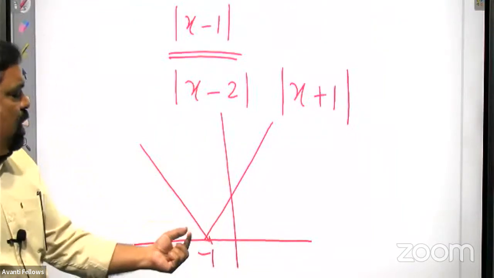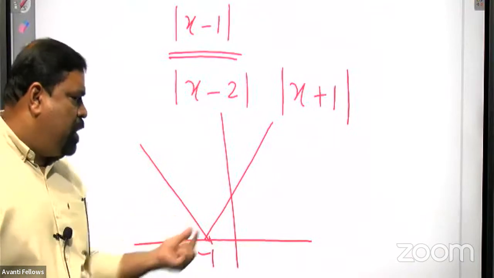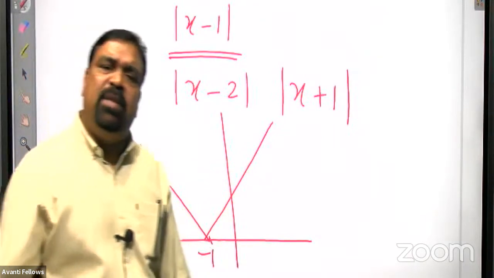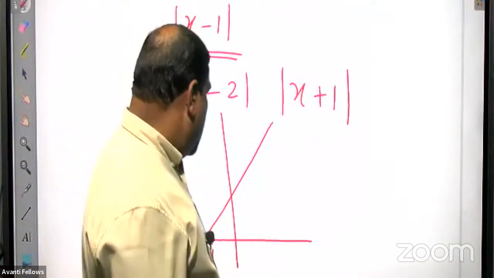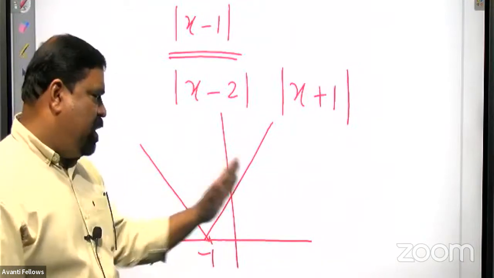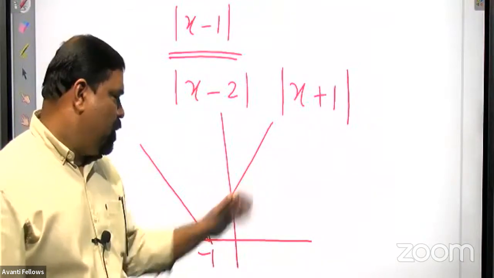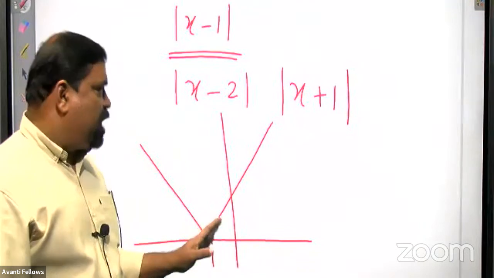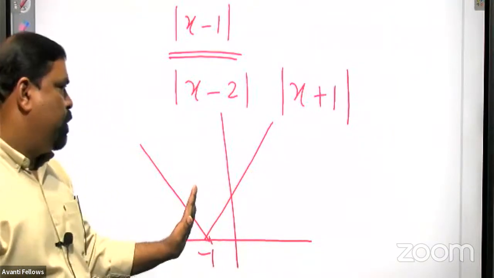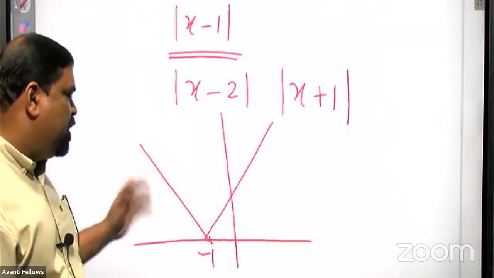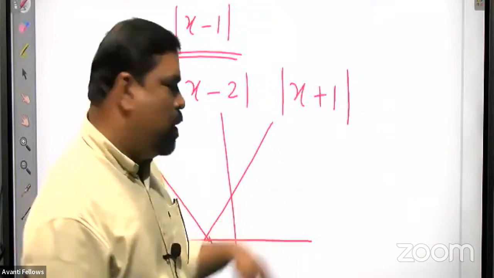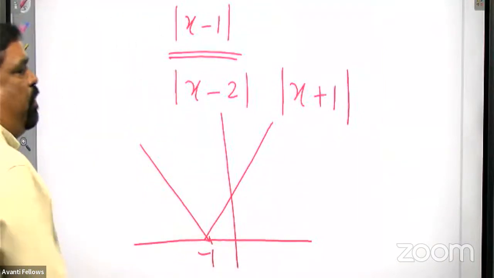Very clearly the left side derivative is negative 1 and right side derivative is positive 1, because derivative means the slope of the tangent. On the right side there is a line whose slope is 1, that is y equal to x plus 1. And left side is y equal to minus of x plus 1. So the slope of the tangent is negative 1 and positive 1.